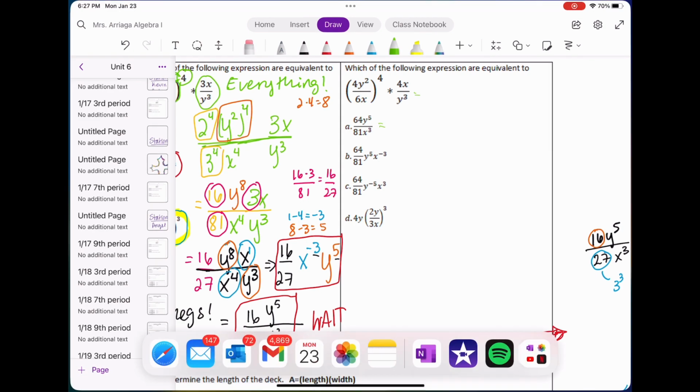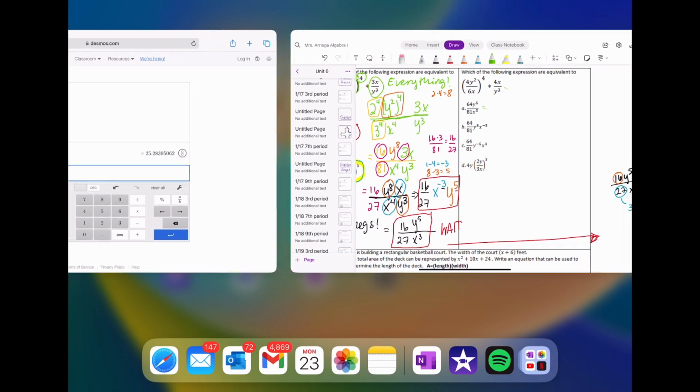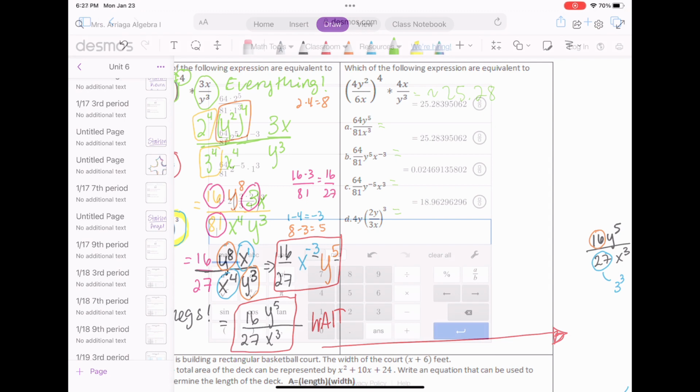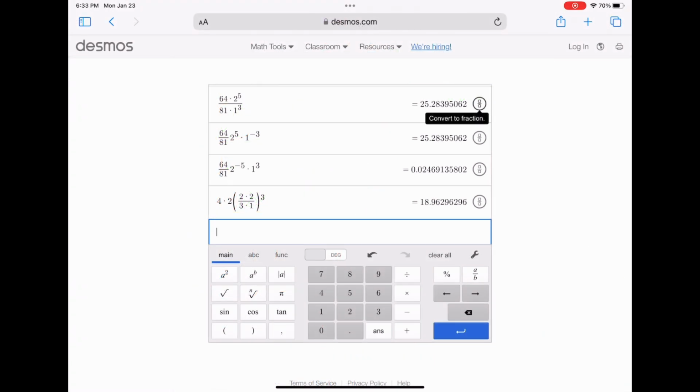Okay, now I'm going to plug the rest of them in and see which ones give me 25. As we can see, the first 2 answer choices give me 25 and the last 2 don't give me 25. So I know right away that my first 2 choices are going to be my answers.